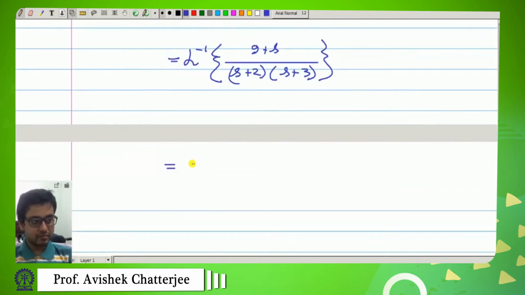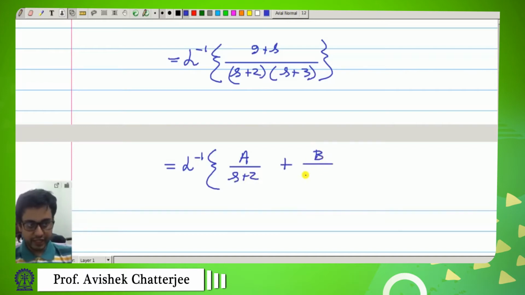Next, this ratio of two polynomials can be written as something divided by s plus 2 plus something divided by s plus 3. Now a and b will have some values, so that this is equal to this, and we will determine the values of a and b such that these two terms are equal.